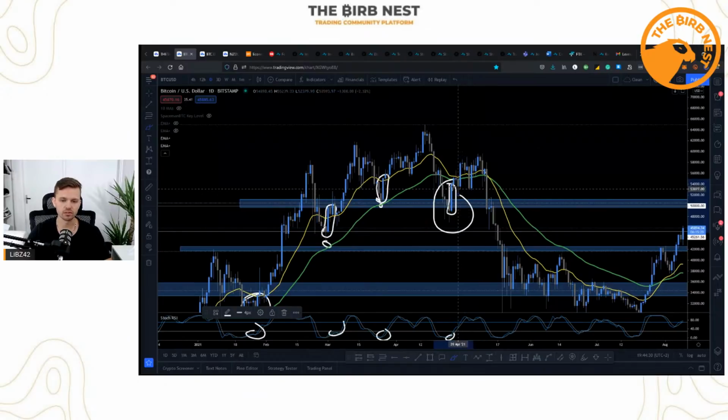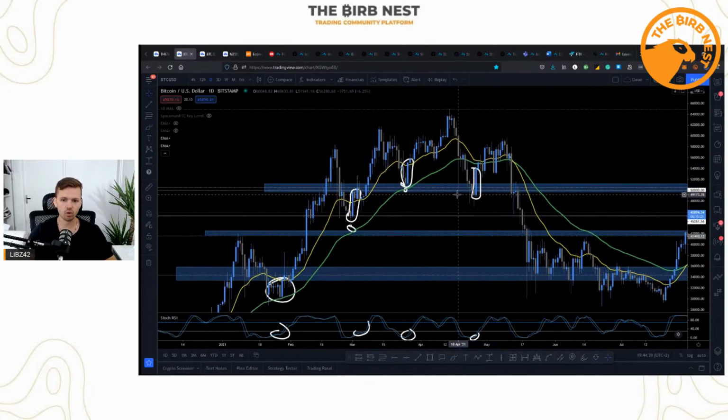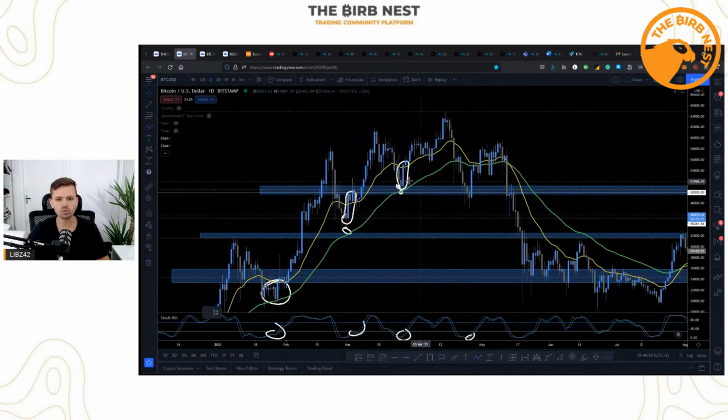This component right here, the stochastic RSI with the daily bullish engulfing, is intact, but the market structure is not intact. And the number one focus for all traders should be market structure. If market structure is not in alignment with your bias and your plan, you're not going to be able to trade that setup, right?